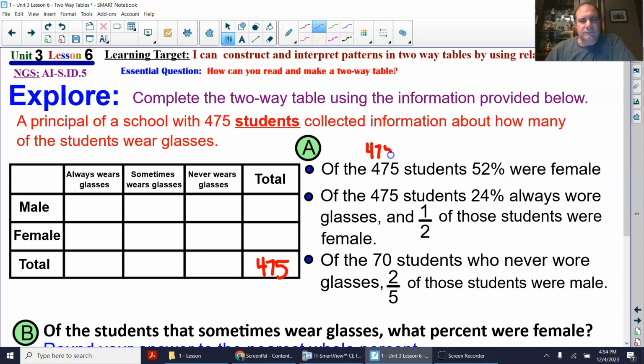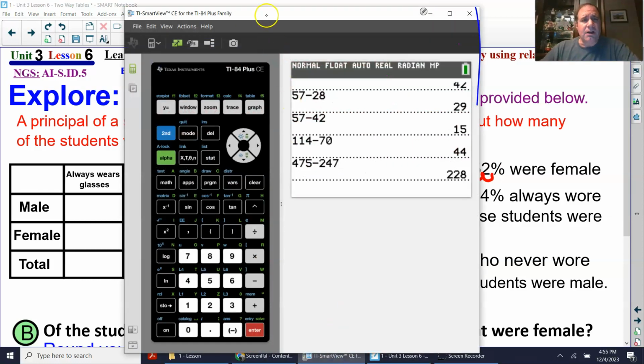So all you have to do is change that percent to a decimal. You're going to move this decimal, that's at the end of the number there, 2 places to the left instead of 2 places to the right, which we were doing.